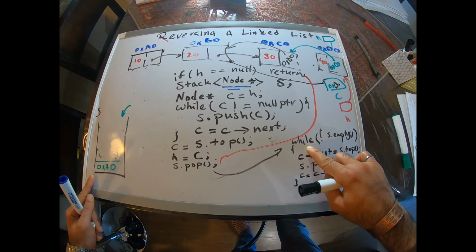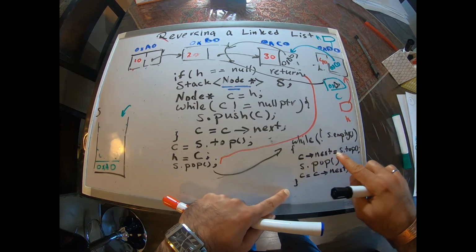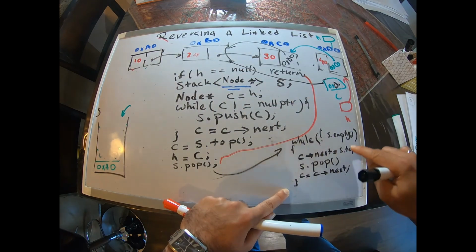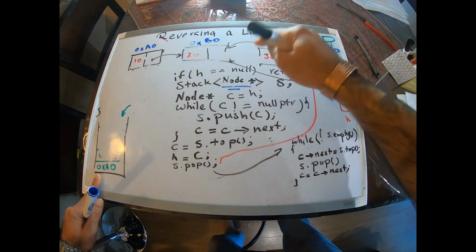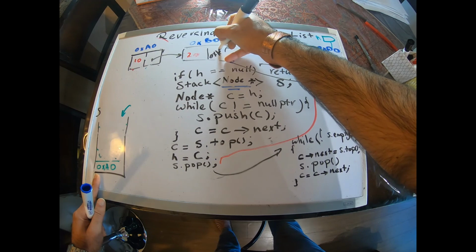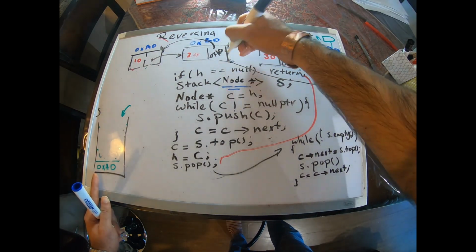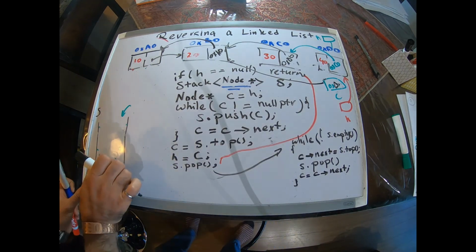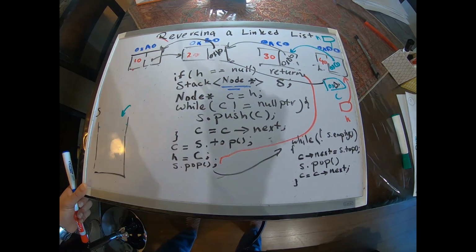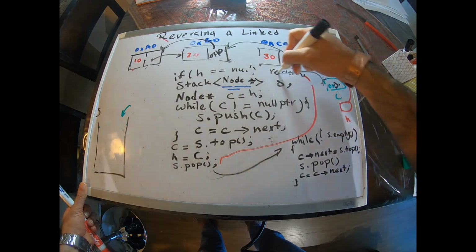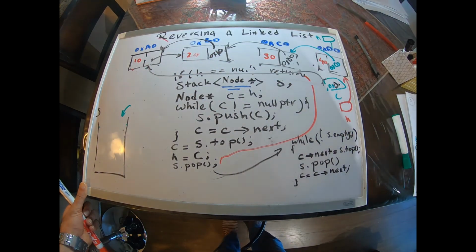Stack is not empty yet. So C arrow next, which is this one, is equal to s dot top, which is going to be 0xA0. So this is going to point to this node. Okay. And pop the last element. And C is equal to C arrow next. So this is going to point to this one.